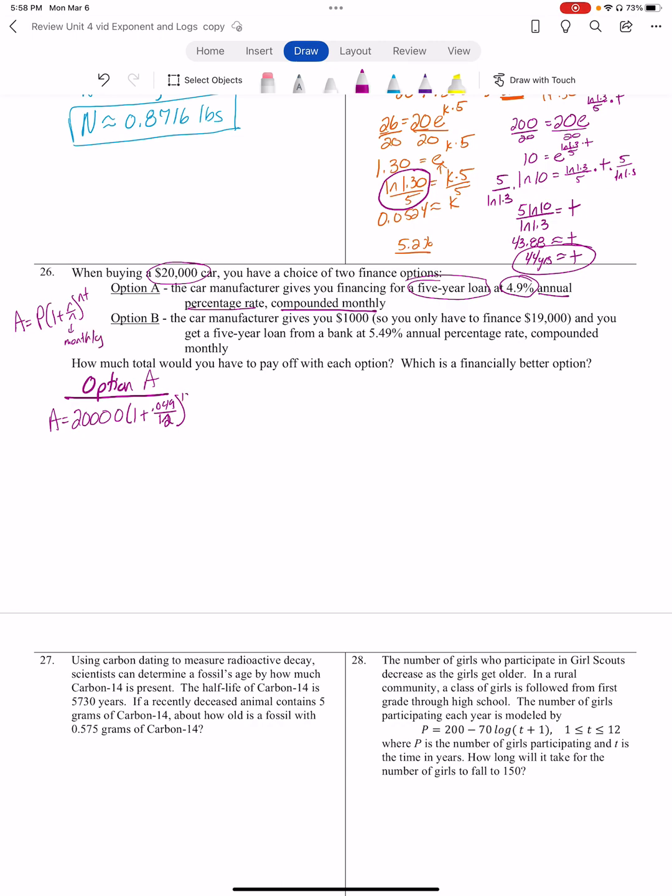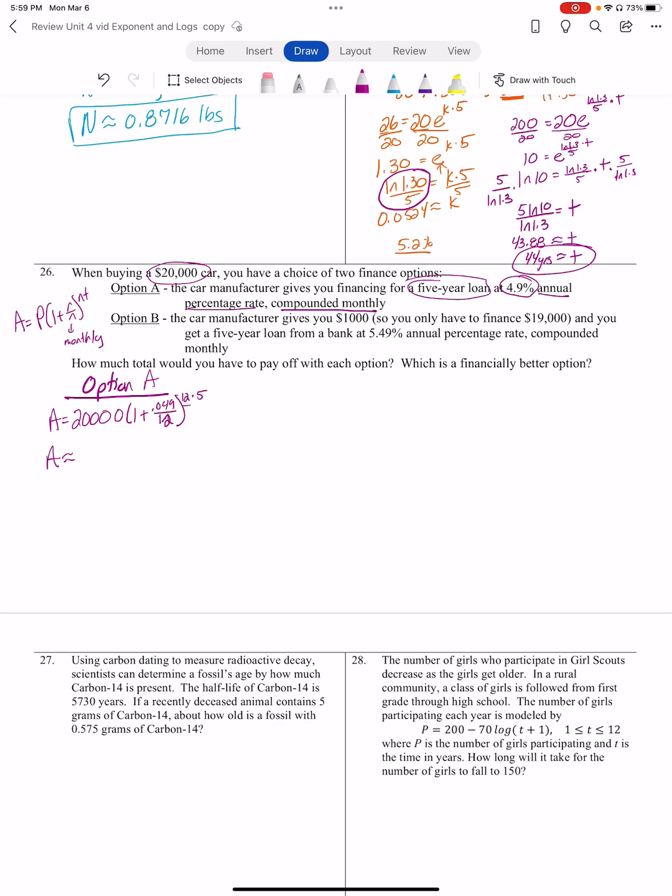To the 12 times 5 power, because there's our n again. So how much would you pay?